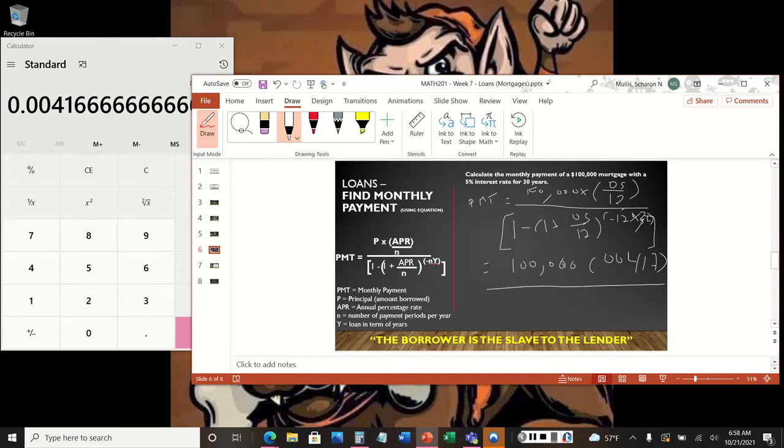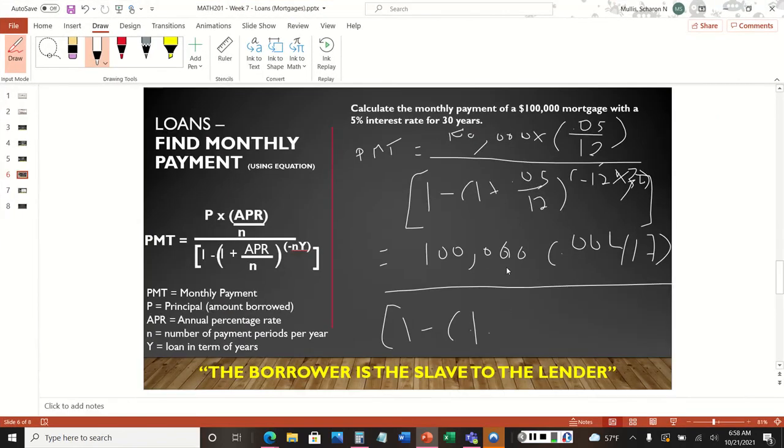And then we'll divide that by, in brackets, 1 minus 1 plus. Since we know that 0.05 over 12 is equal to 0.00417 rounded, I'm going to add 1 plus 0.00417. And then it's a negative exponent of 360.